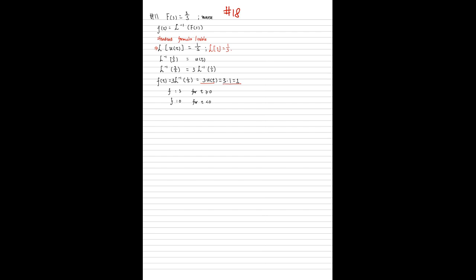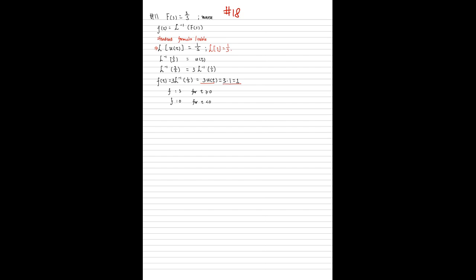When I use u of t, the L inverse of 1 over s is equal to u of t. So I factor out the 3 and take the inverse of 1 over s, which is u of t. So f of t is equal to 3 times u of t.